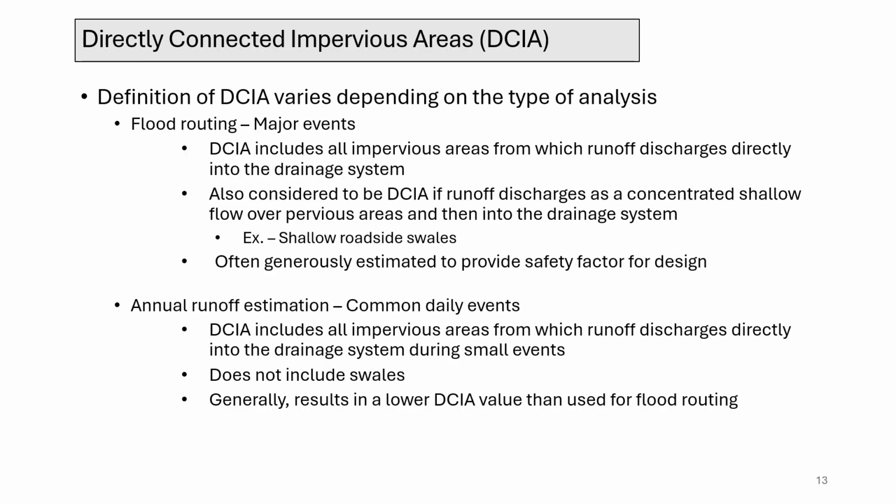Directly connected impervious areas, or DCIA, refers to those impervious surfaces that are directly connected to the stormwater conveyance system. However, the precise definition and calculation of DCIA can vary significantly depending on the type of analysis we're conducting. For instance, when we're performing flood routing for major storm events, the DCIA typically encompasses all impervious areas from which runoff discharges directly into the drainage system.